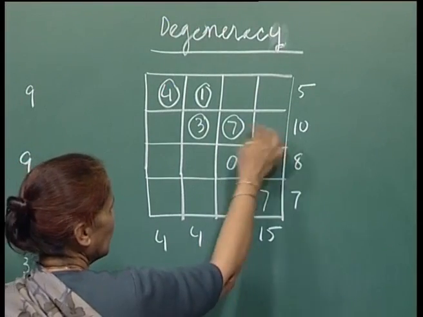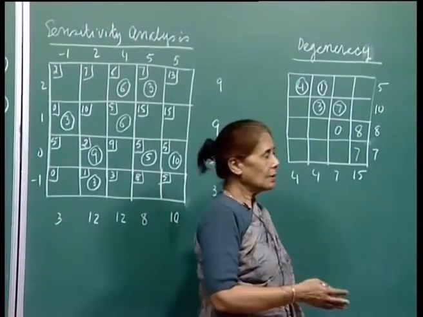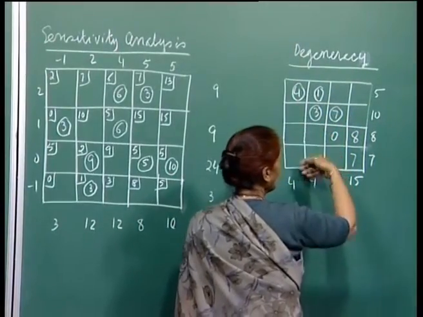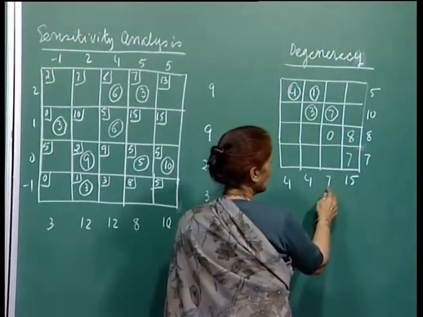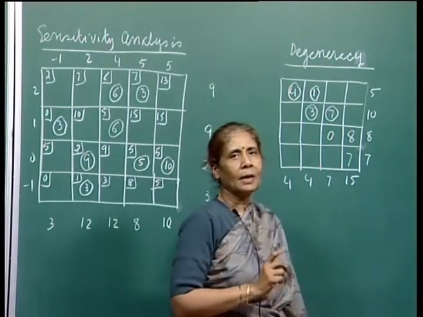So both the row constraint and the column constraint get satisfied. I will refer to the row constraint as the supply constraint, and these are your demand constraints. The column constraint and the supply constraint both get satisfied simultaneously.